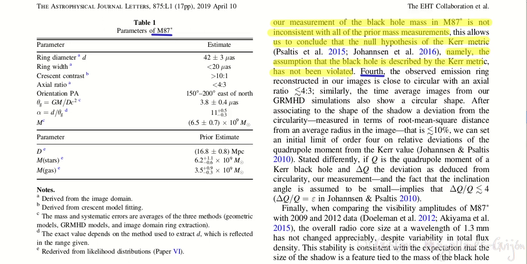With the experiment, the authors found that the ring diameter is more or less 42 microarcseconds, ring width less than 20 microarcseconds, axial ratio less than 4 to 3. The mass is 6.5 times 10 to the 9 solar masses, etc.